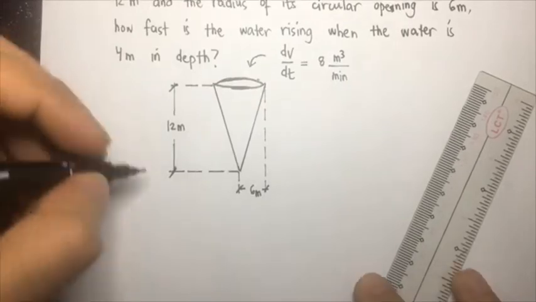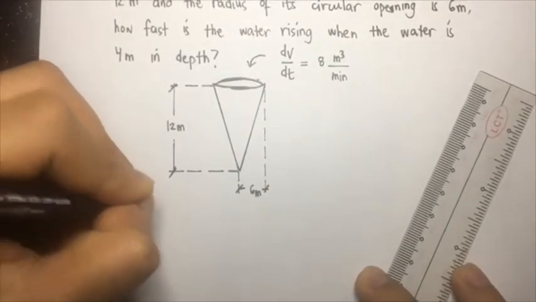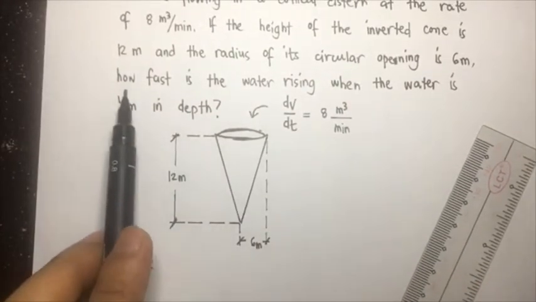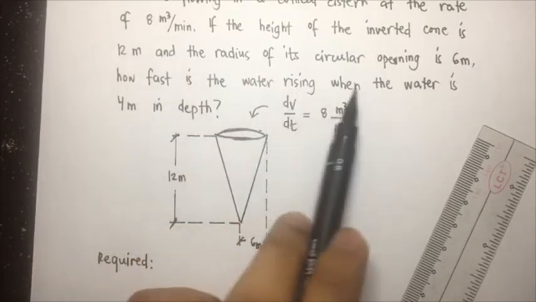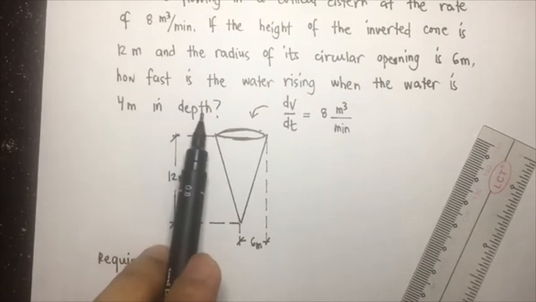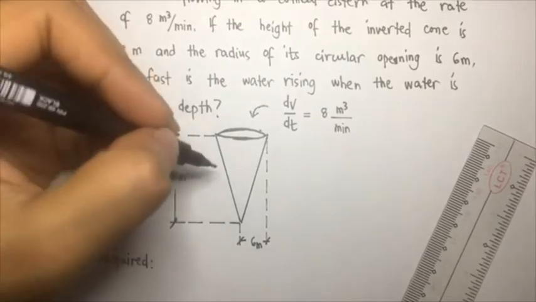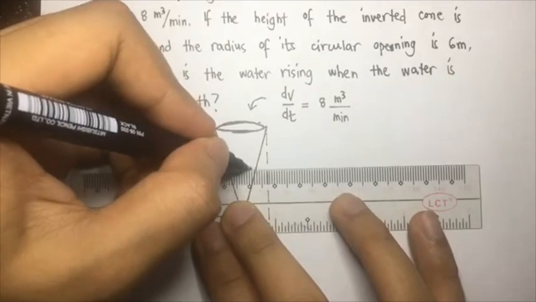Here we are asked to solve for how fast the water is rising when the water is 4 meters in depth. We are given a depth of the water, so say 4 meters is right here.